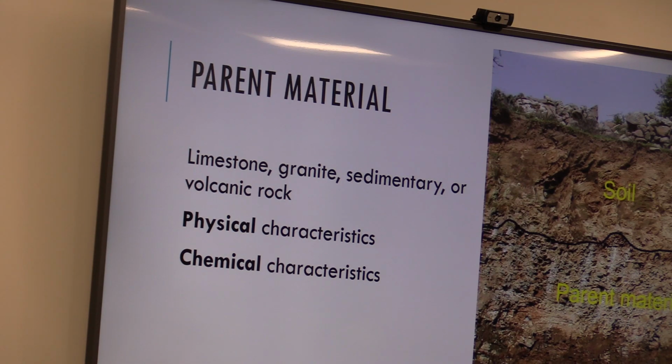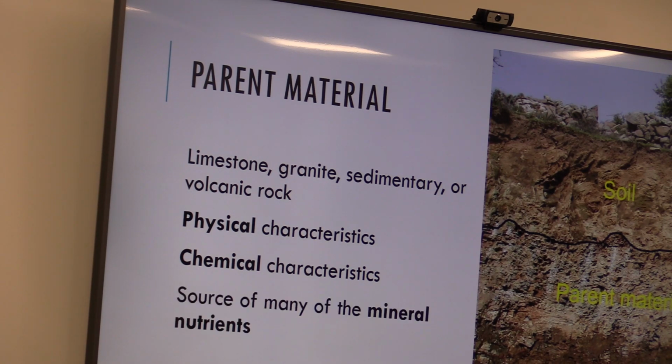So depending on what that soil parent material is, how it's going to interact with the plants that grow above it in both chemical and the physical characteristics. So many of the nutrients that exist in the soil come from the parent material. A lot of the metals and some other really important nutrients for the plants are coming from the parent material where it breaks down.